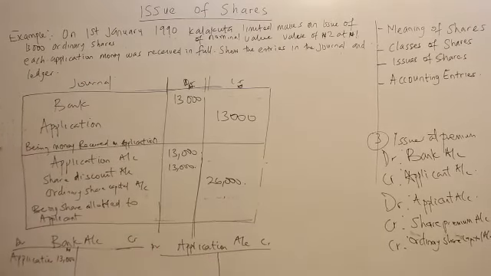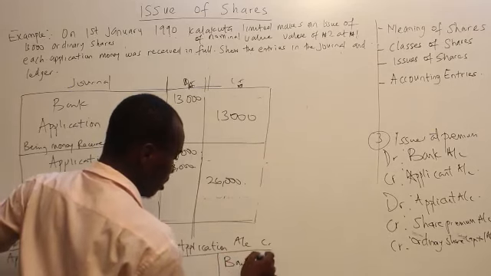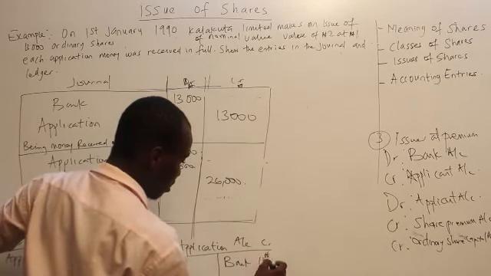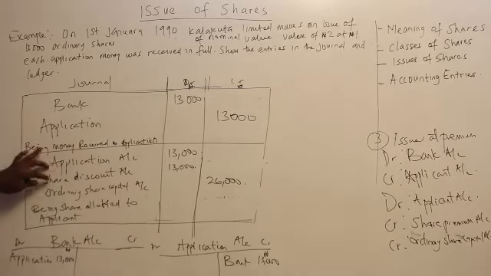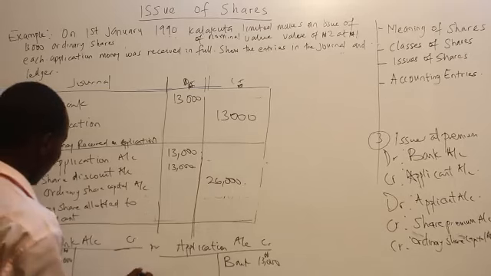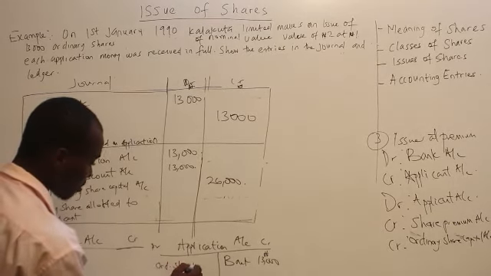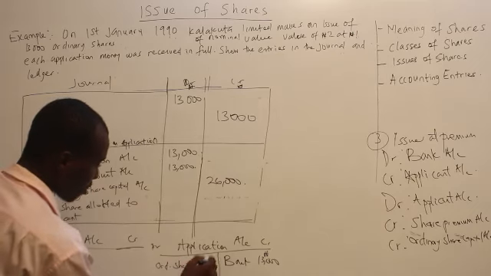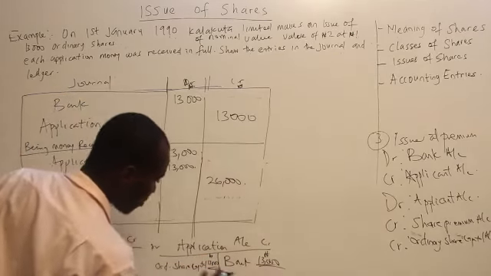We said we should credit application account when the money is collected. So we have bank, the corresponding account, 13,000 naira. And we debit application account when the shares are allotted, so we say ordinary share capital, the corresponding account, 13,000 naira. So that is about the application account.